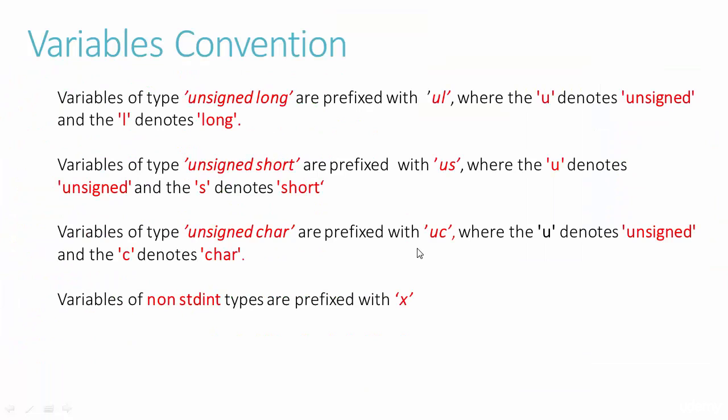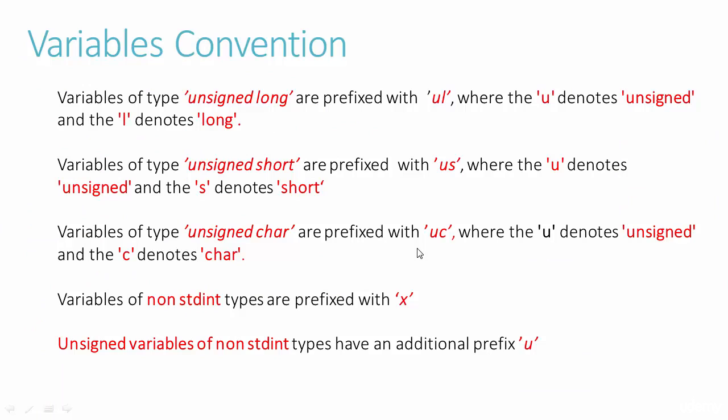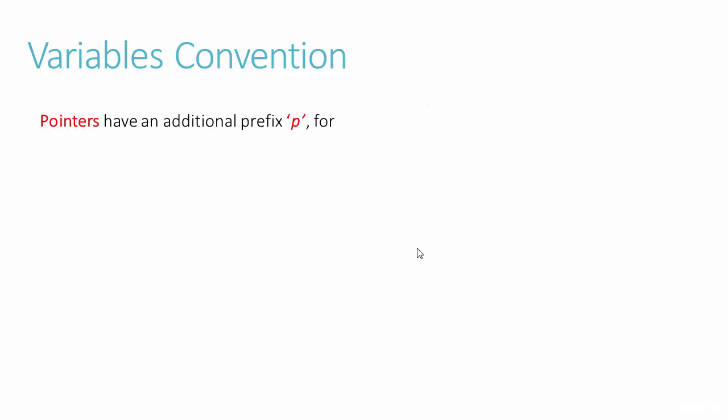Let's move ahead. Unsigned variables of non-stdint types have an additional prefix u. Enumerated variables are prefixed with e. If you find any enum, those variables which belong to an enumeration are prefixed with e, where e describes it as enum. Pointers have an additional prefix p.